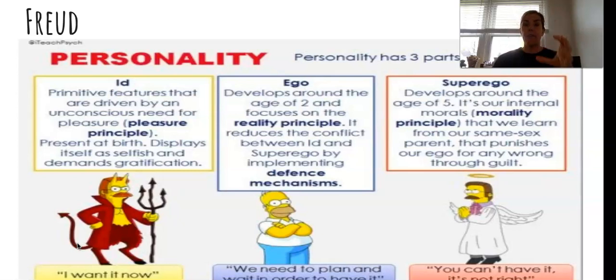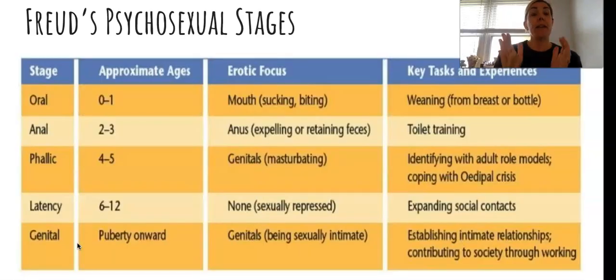And then the ego came up with these defense mechanisms to mediate between the id and the superego. The psychosexual stages are really important. Just know the age group and what's going on in each. Freud says that if you're fixated on one of these, if you didn't go through the conflict properly, that's the reason why you smoke, or why you have an addiction.